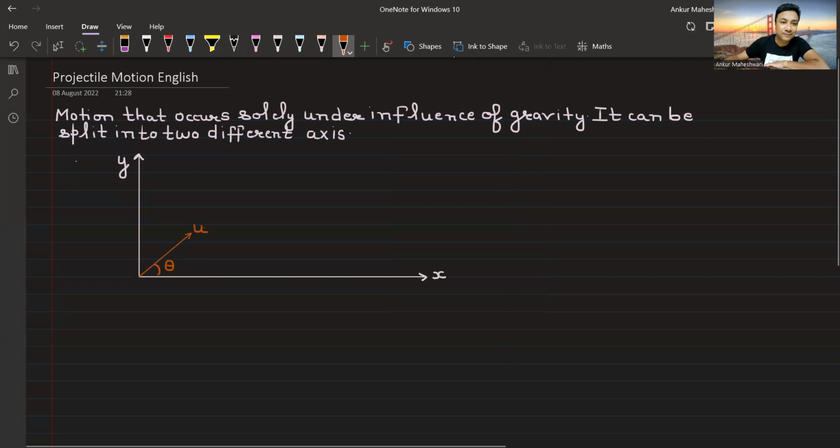Okay. Now see, this initial velocity can be broken into two of its components.